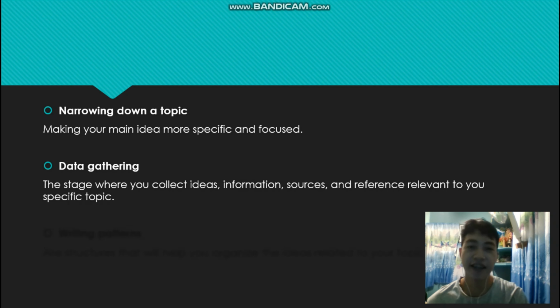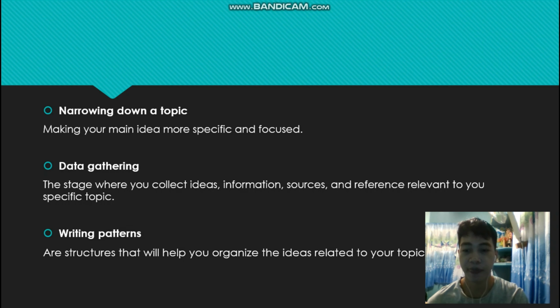Next, data gathering. The stage where you collect ideas, information, sources, and references relevant to your specific topic. And lastly, we have writing patterns, or structures that will help you organize the ideas related to your topic.